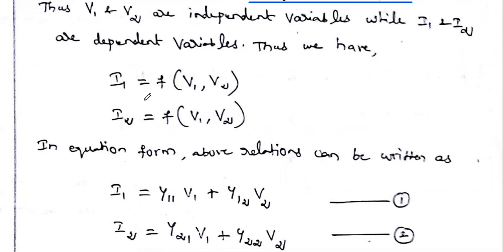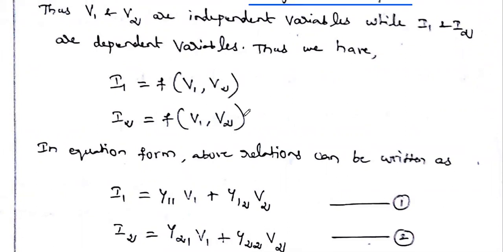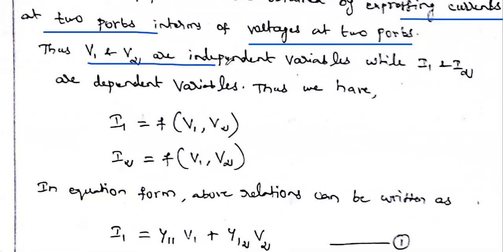In the Y parameter, I1 and I2 are expressed as a function of V1, V2. Here V1 and V2 are the independent variables, the known values, and I1, I2 are the dependent variables. This is just opposite to the Z parameter, where I1 and I2 are independent variables and V1 and V2 are dependent variables.